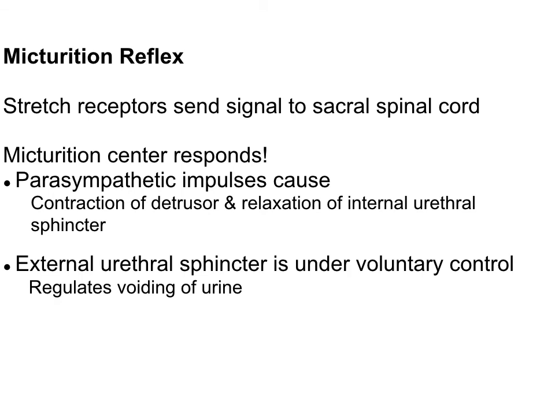So when the urge to urinate begins, you can consciously constrict that external urethral sphincter and prevent urination at that time. So you do have the ability to regulate voiding of urine.